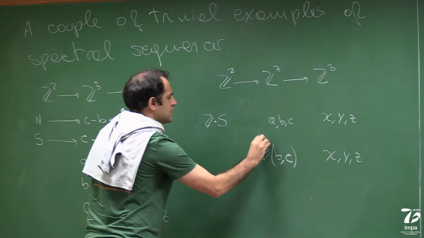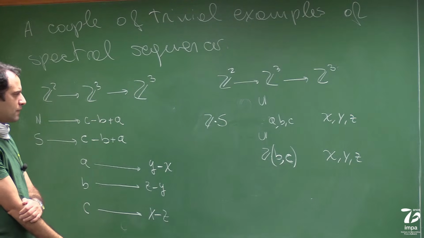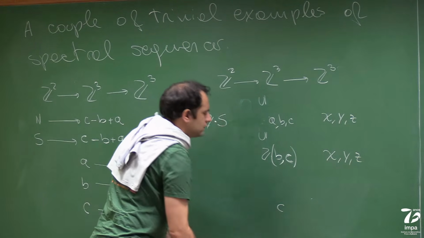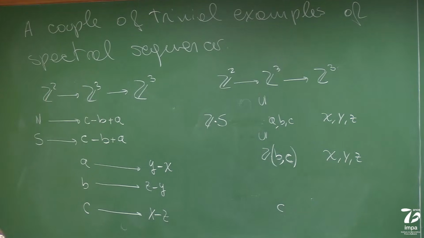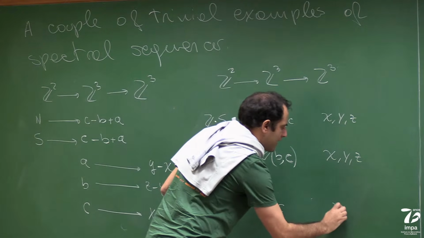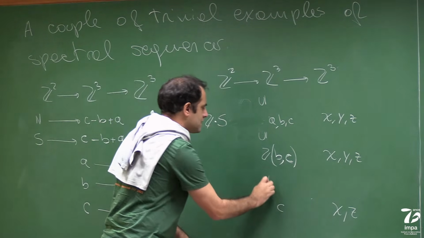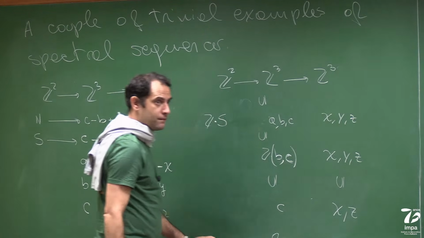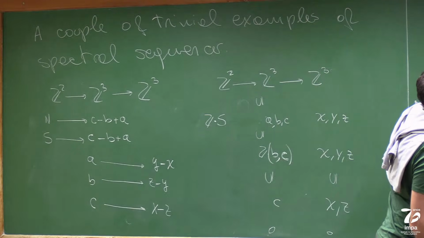And this is inside of this. And then if I only keep C, I'm worried that this is probably too much. And then I'm going to have X and Z here. And this is inside of here. And then I have the zero complex. Let's use that. That's certainly a filtration. Let's see if we get anywhere. If we don't, we'll change.